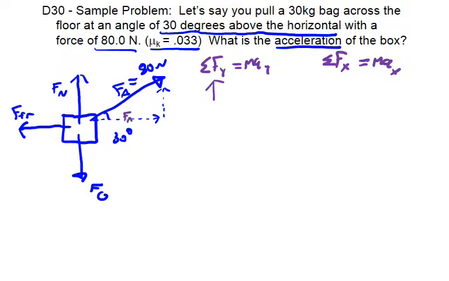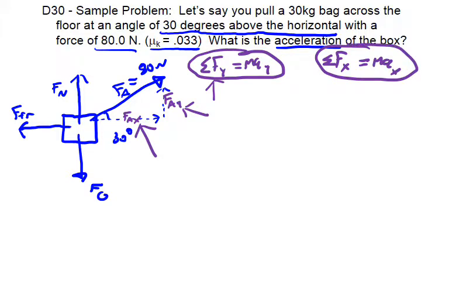So we have force applied on the x, force applied on the y, and the force applied on the y is acting upwards. The force applied on the x is horizontal there. So go ahead and use your trig to figure out what the force applied on the x is, what the force applied on the y is, and then see if you can set up the variables for the sum of the forces here. Go as far as you can, and you can pause the clip and see if you can determine the acceleration.